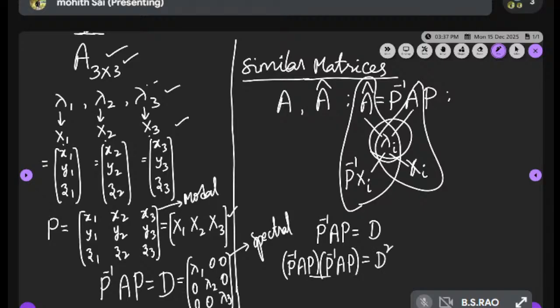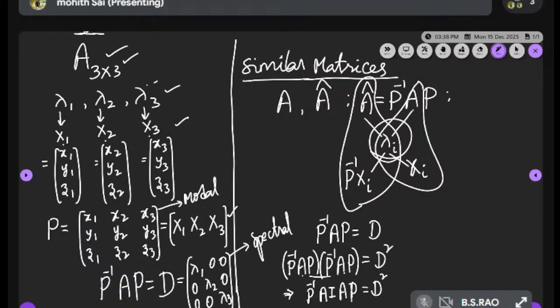As matrix multiplication is associative, this one is P inverse A into P P inverse A P. So this implies P inverse A A P equal to D square.